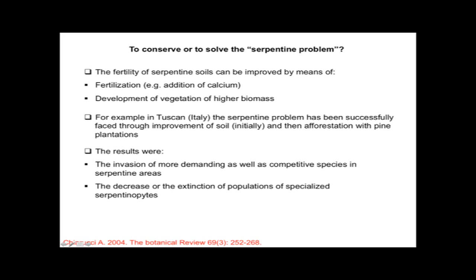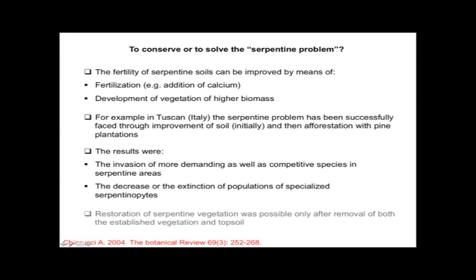The serpentinophytes left the area because other more competitive plants invaded this area. And some efforts in the last 3 decades to restore the serpentine vegetation in the area of plantation were possible only after removal of both the established vegetation layer, the pine plantation, as well as the topsoil.